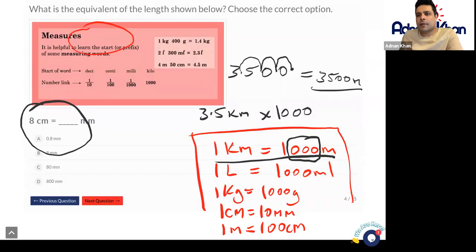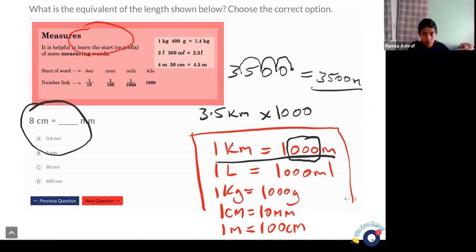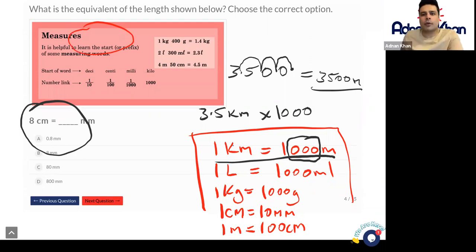Let's look at the next question. What is equivalent to the length below? We're looking at 8 centimeters, and we're going to convert 8 centimeters into millimeters. Let's go to Hamira for this one. Hello, Hamira.